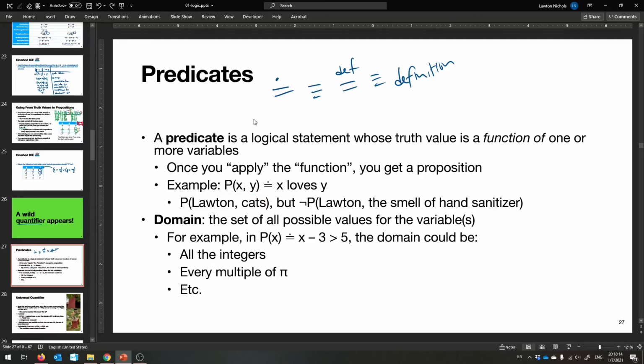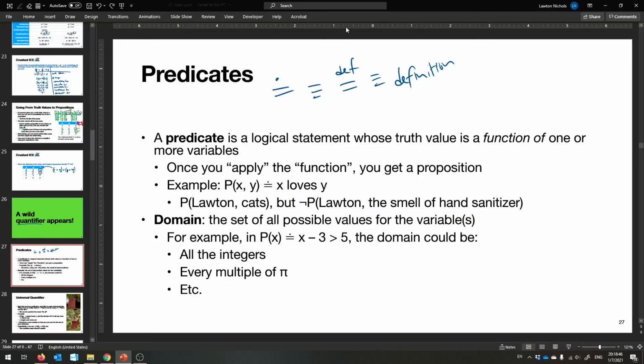I don't have to say it's true that this; I can just say this and assert it. That's the same as saying that it's true. We just learned that. So I can say P of Lawton, cats. That means that I, Lawton, love cats. I love cats, yes. That is true. That's a true statement, but I do not love the smell of hand sanitizer, which is unfortunate given the pandemic.